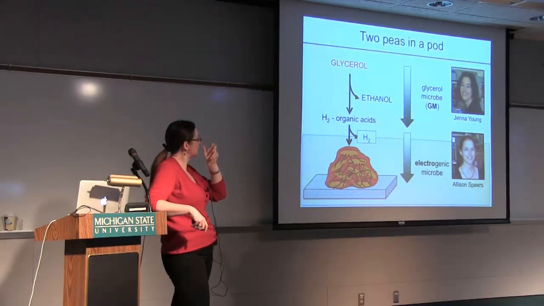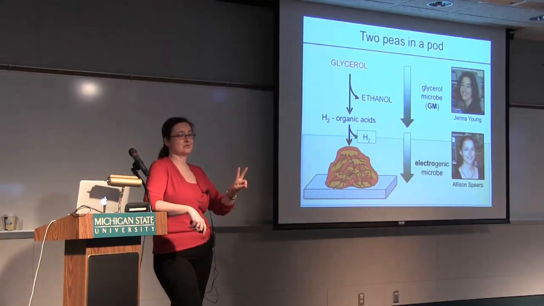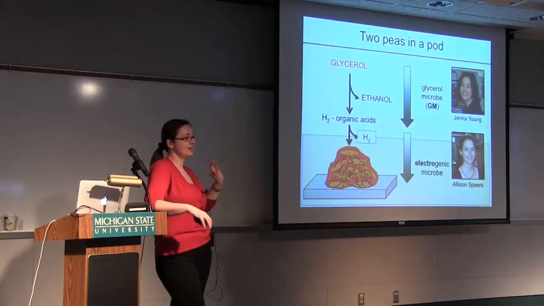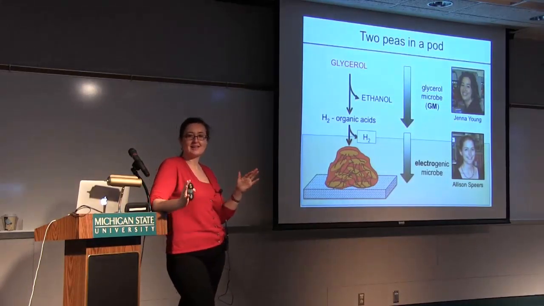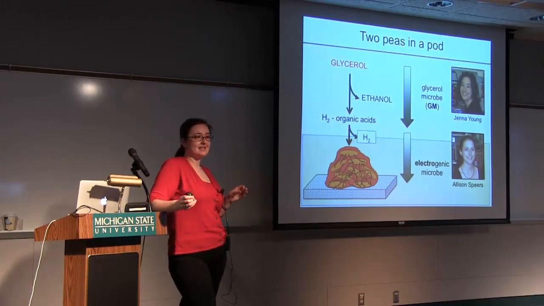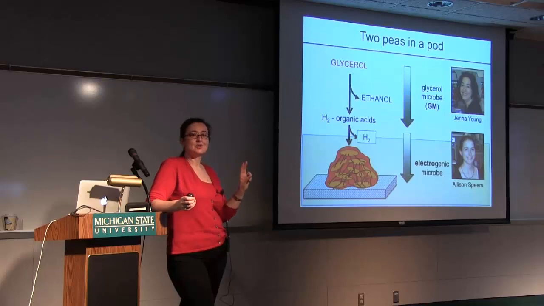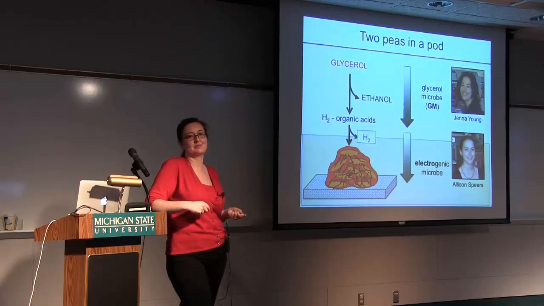So what I'm going to tell you is the work of two graduate students. I always bring it up because people think that we have an army of postdocs or highly trained scientists. These were two graduate students that started in the first year with me, and each one decided to devote most of their attention to one of the microbes. I told you about the two peas in the pod. These were the best two peas that I had in my lab for the longest time.